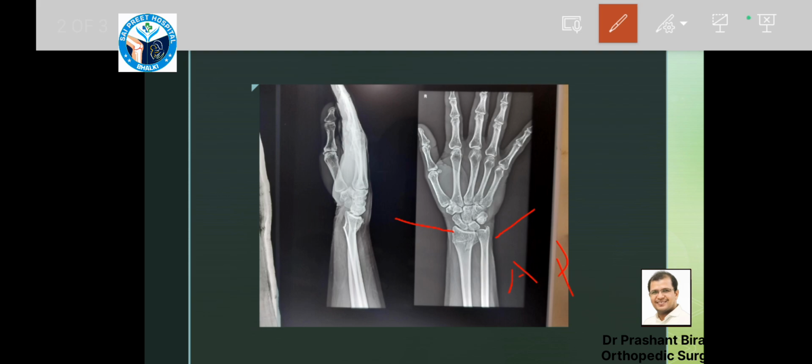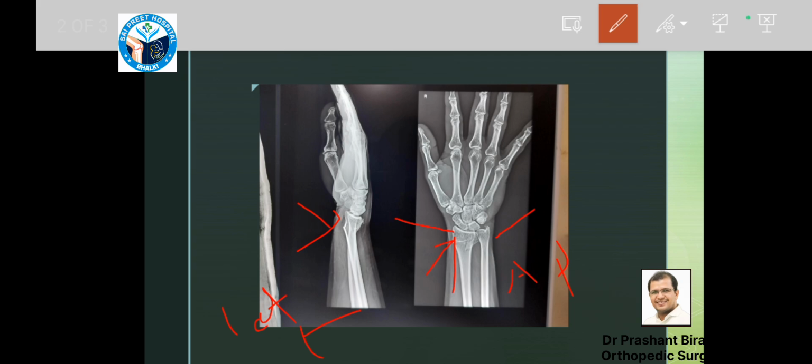In this you put your palm and wrist flat on the X-ray tube, so both bones can be seen separately. Here is the fracture in the radius. When we see the lateral X-ray, you can see the angulation, how the fracture got angulated.